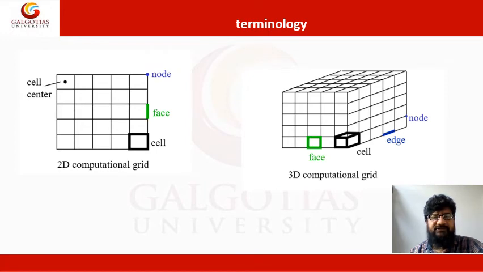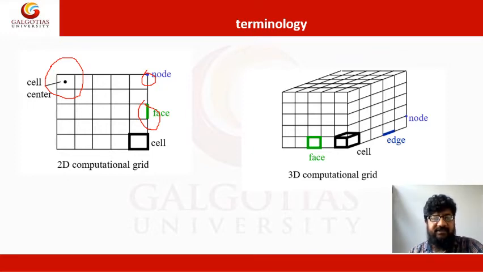So the terminologies in grid: you can see that there is a cell center, and the intersections of grid lines are called nodes, while the control volume center is the cell center. At this cell center, the values of the variables are stored. The edges of the control volumes are called faces.